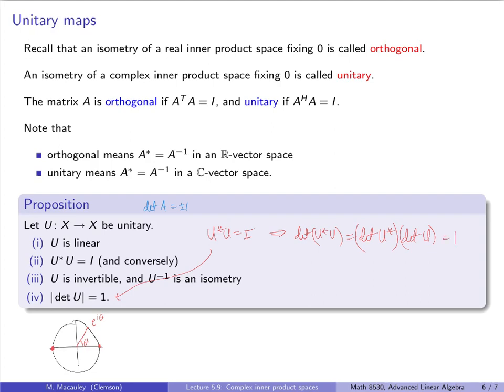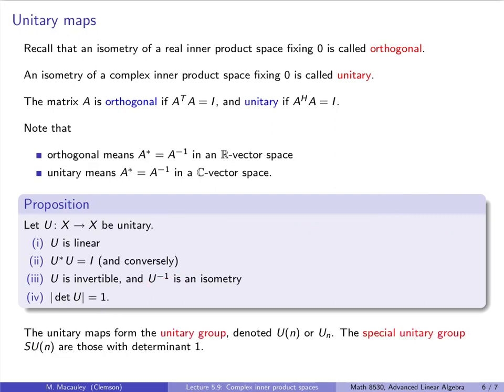One thing that I haven't proven, but will leave as a simple exercise, is to show that the determinant of U star is the complex conjugate of the determinant of U. So you need these things together. The determinant of U is a complex number, e to the i theta, such that it times its conjugate is equal to 1.